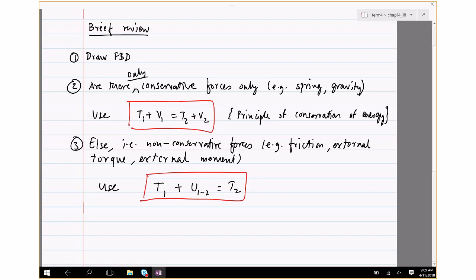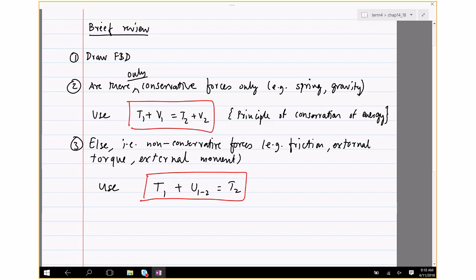And so if you are still blank on what to use, then I can tell you that F equals ma, what you learned in the previous chapters 13 and 17, will always work. It might be more calculations, but it will always work. So even if you forget what to do, you can quickly set up F equals ma and put up the forces.